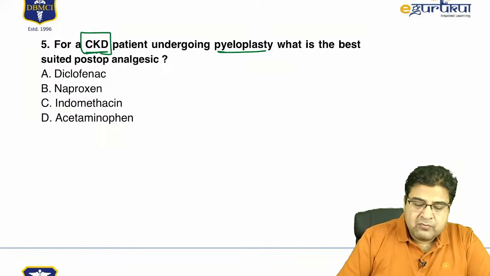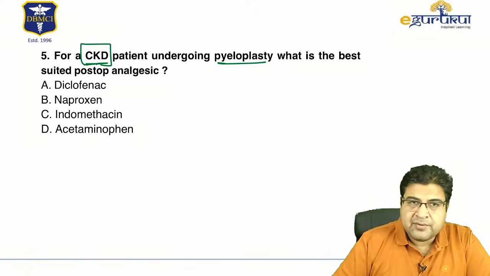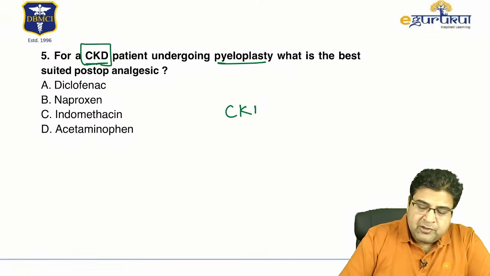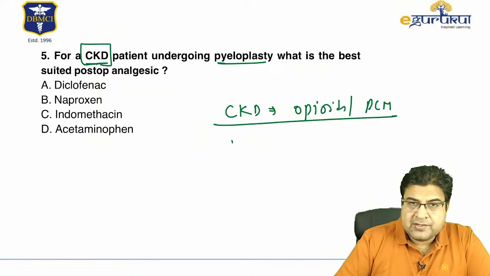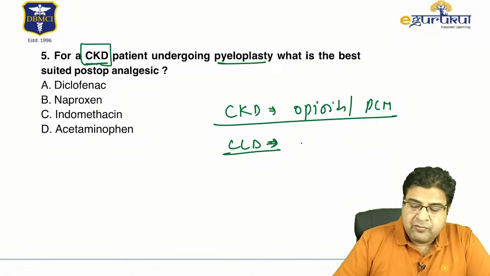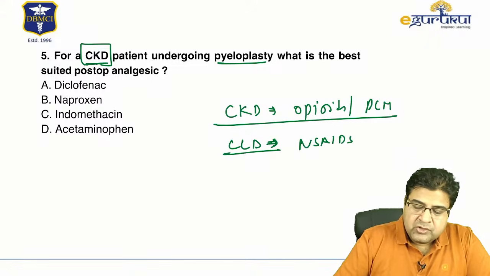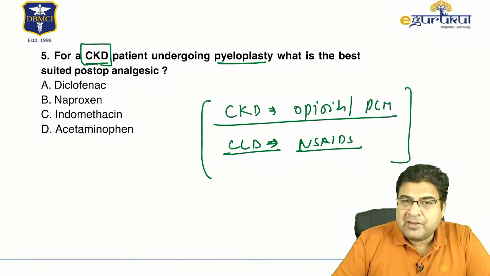Now, for a CKD patient undergoing pyeloplasty, which is the best painkiller? So guys, for the CKD patient, we give painkillers like opioids. Opioids and paracetamol are the best painkillers. For liver disease patients, we prefer to use NSAIDs. So for liver disease patients, best painkillers are NSAIDs.